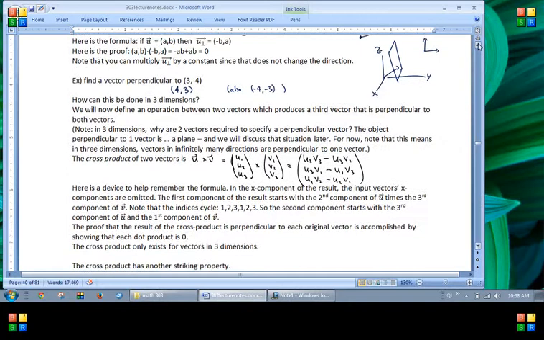So I just want to make a side comment. If you know linear algebra, there's a handy way to remember the formula for the cross product. I'm not going to teach you linear algebra right now, but if you know it, there's a handy way to memorize the formula.